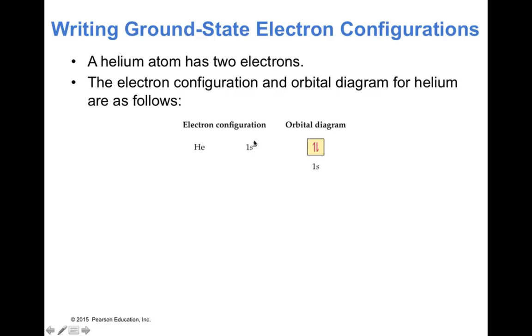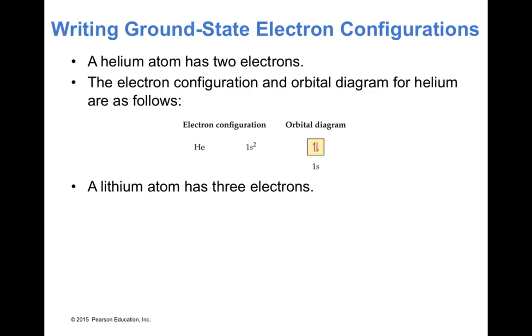Remember that the 2 represents the number of electrons, and we can put no more than 2 electrons in each of these orbitals. That's why the orbital diagram, this is the electronic configuration, this is the orbital diagram, is 1s with 2 electrons in this box, one pointing up and the other one pointing down.